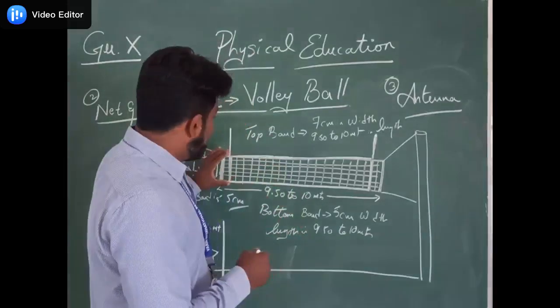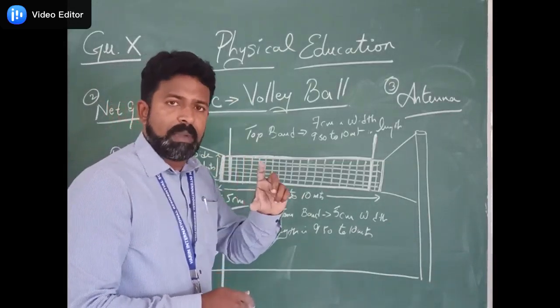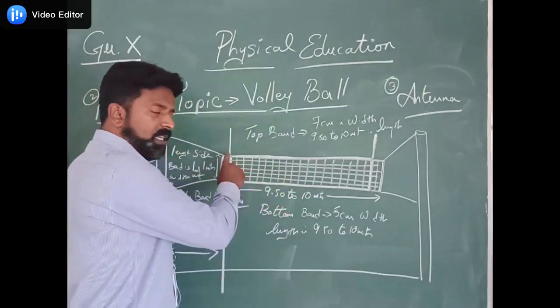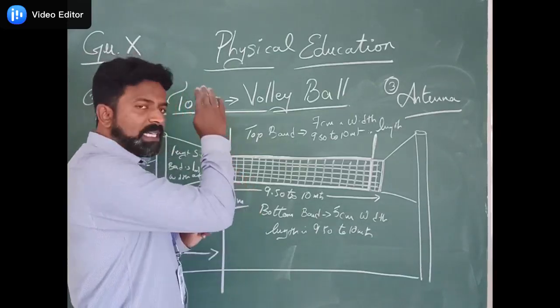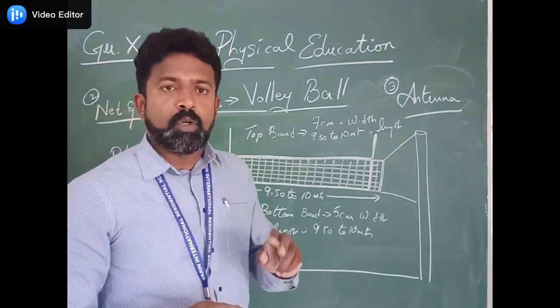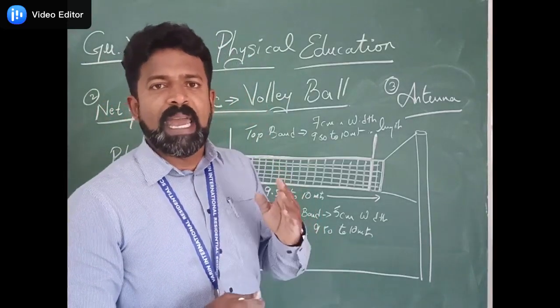It is fastened to the net, where 1 meter is placed in the net and the other 80 centimeters project outside the net, in 2 contrasting colors, preferably white and red.